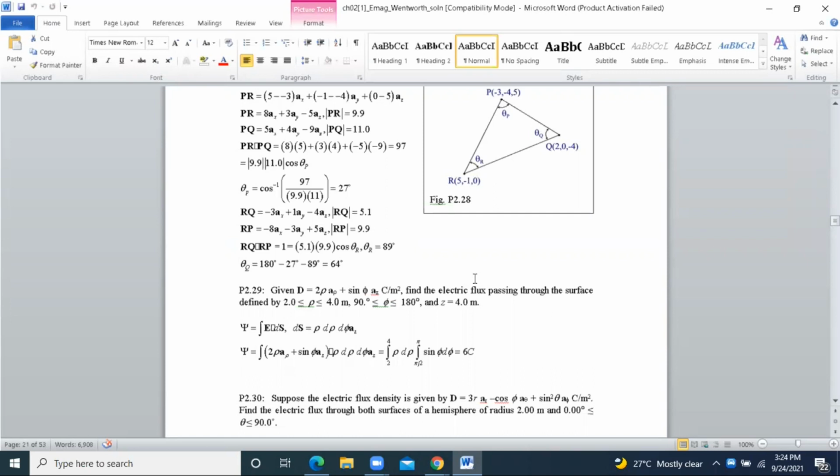Sure. Yes. For cos phi a theta, why do they use phi and theta, or are they the same unit? No, no, no. Remember, this is spherical coordinates now.